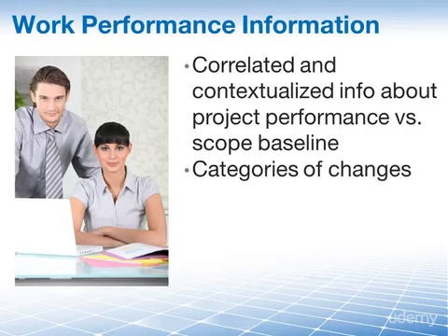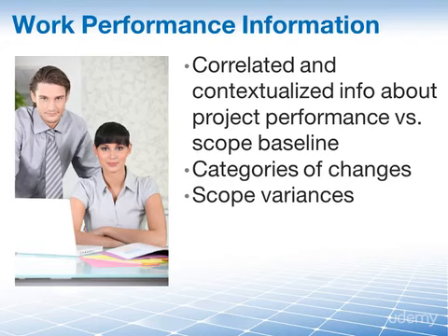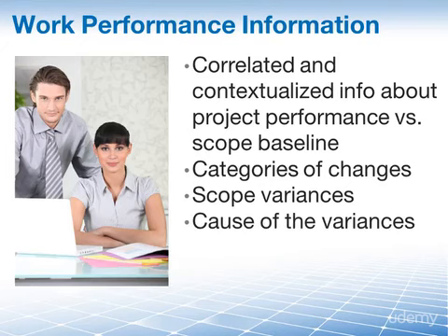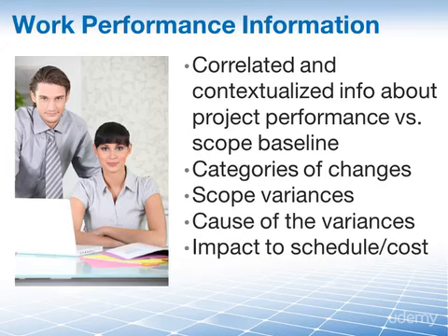It can include a categorization of changes received and approved, and at a minimum, this information will include the scope variances that have been identified and the cause of these scope variances and what the impact of the scope variance will be to schedule and cost.